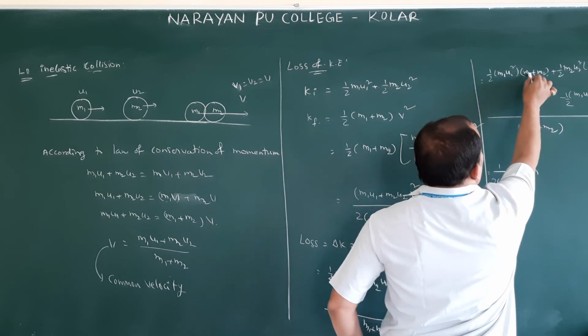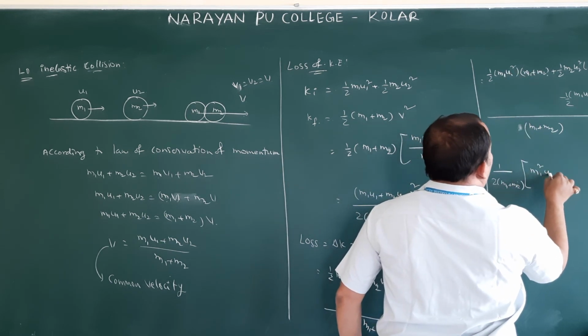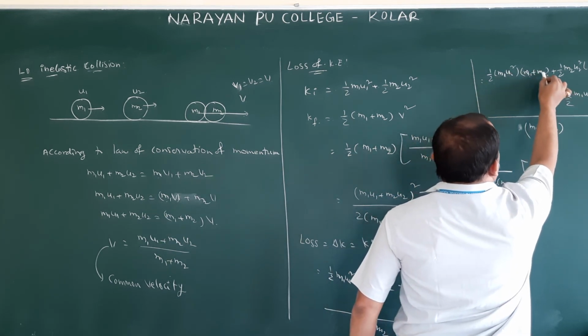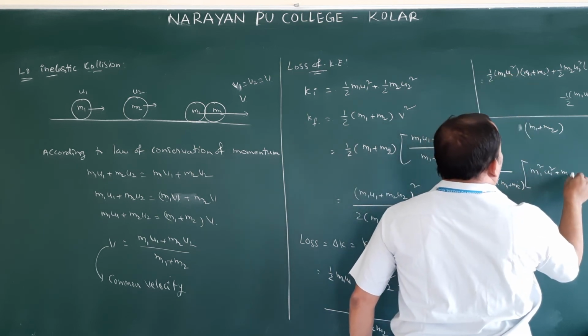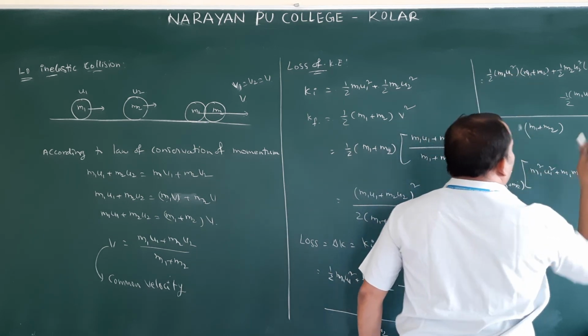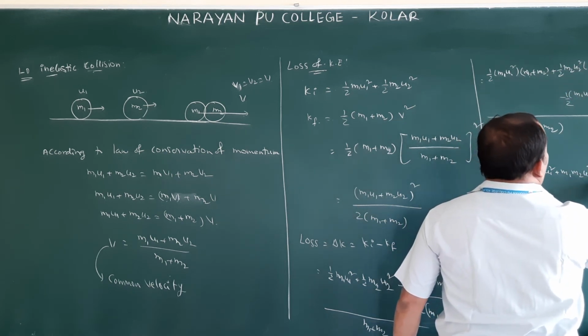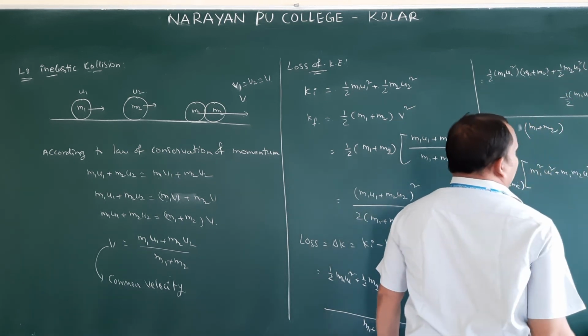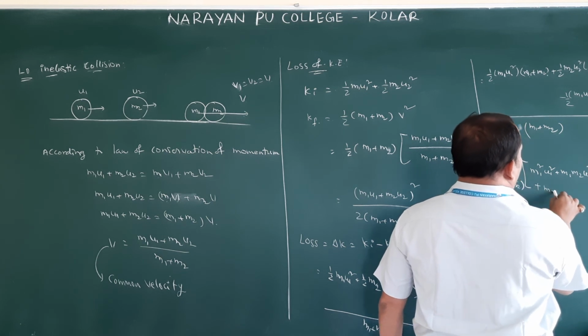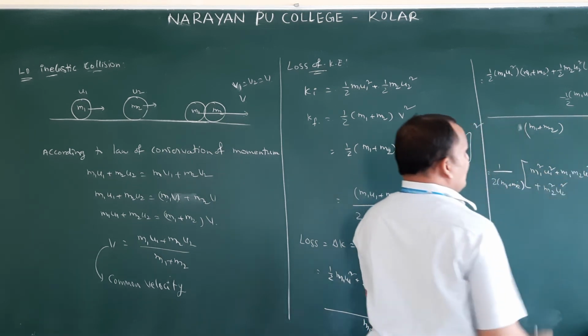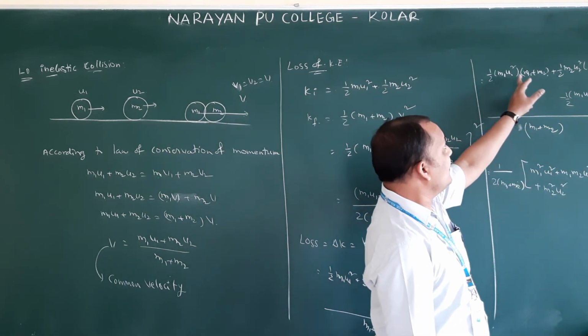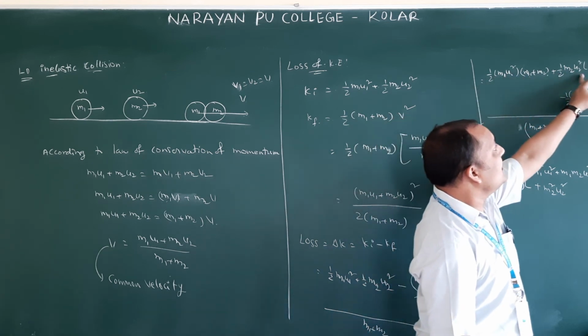So M1 into M1 square U1 square plus M2 into M1 M2 U1 square. Next, M1 into M1 M2 U2 square plus M2 square U2 square. So these are 4 terms: 1, 2, 3, 4.